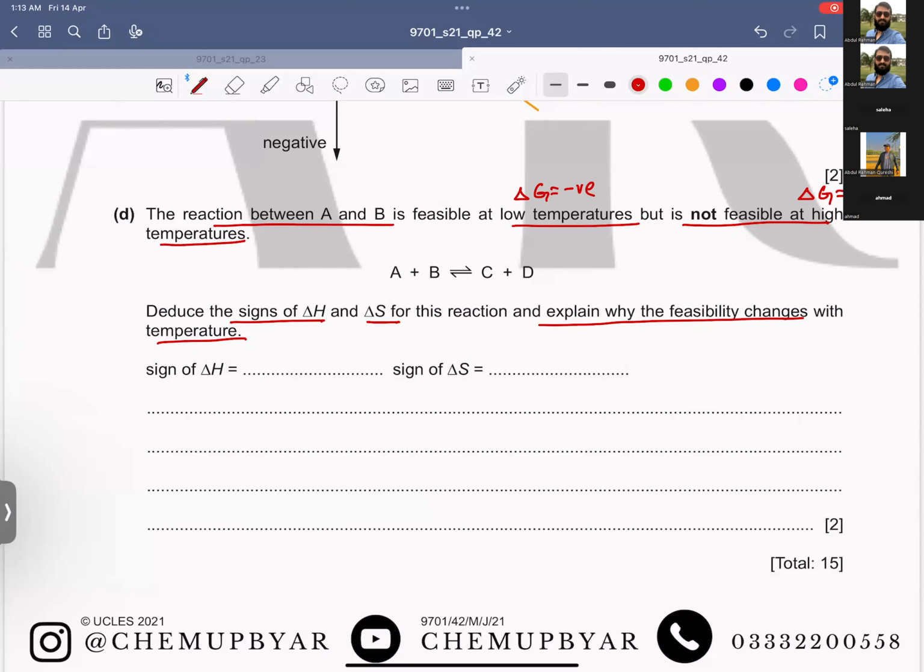Is this understandable? Yes, sir. Okay. So if you look at the Gibbs free energy expression, it is delta H minus T delta S.